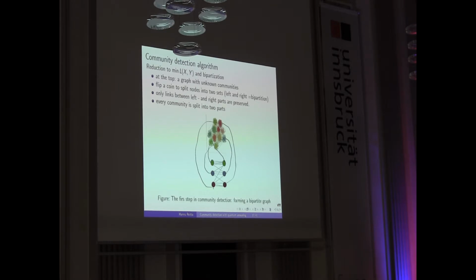And then you can forget links inside these two sets and leave only links between those, and you get a bipartite graph. So these links are actually the internal links of the community. So this should be denser than those links. There are fewer links.